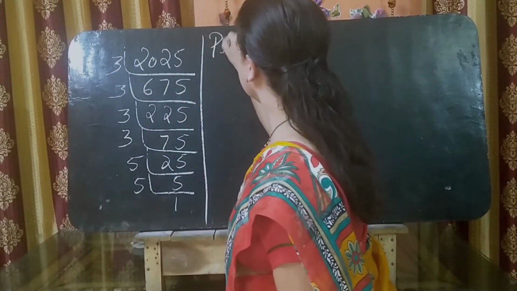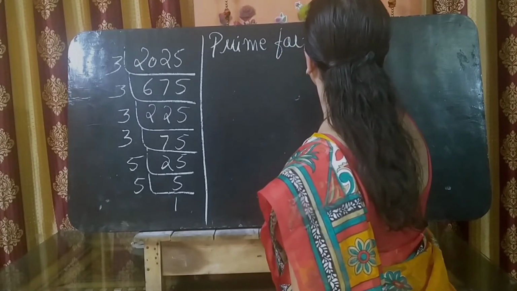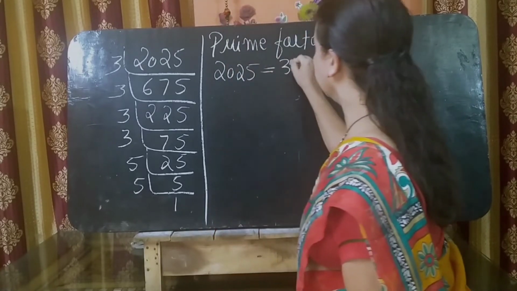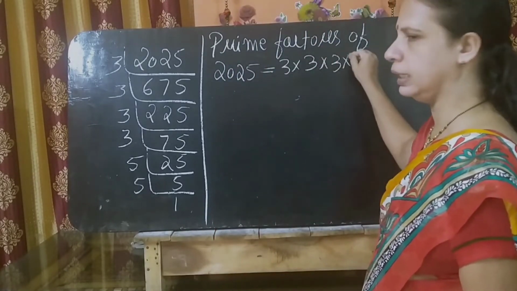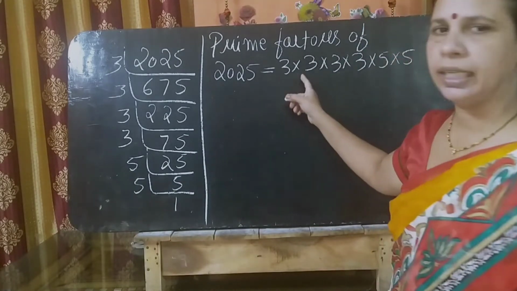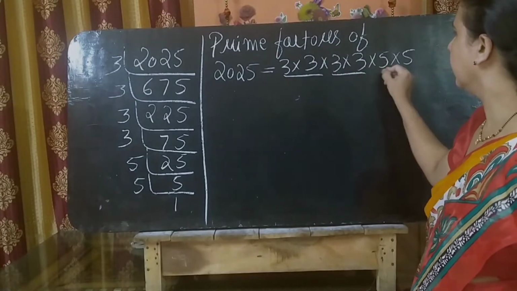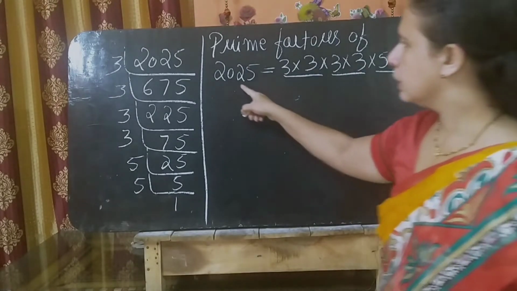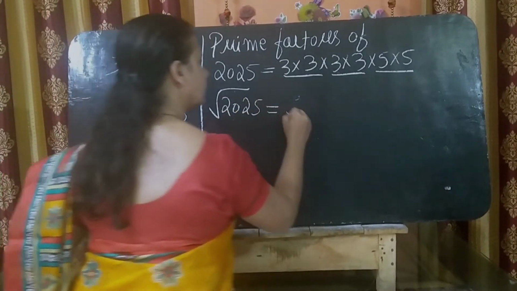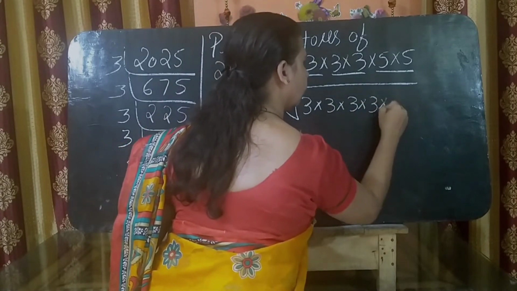Here prime factors of 2025 equals 3 into 3 into 3 into 3 into 5 into 5. After that, we have to make the pairs. 3 3, again 3 3, 1 pair, 5 5, 1 pair. Then square root of 2025 equals square root of 3 into 3 into 3 into 3 into 5 into 5.